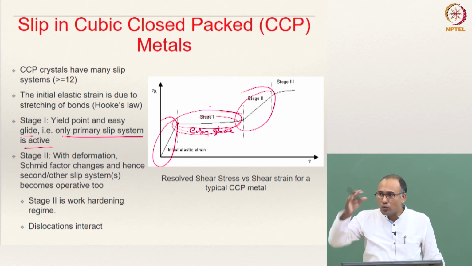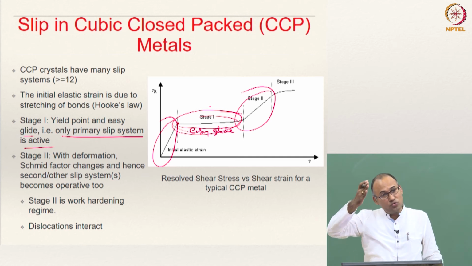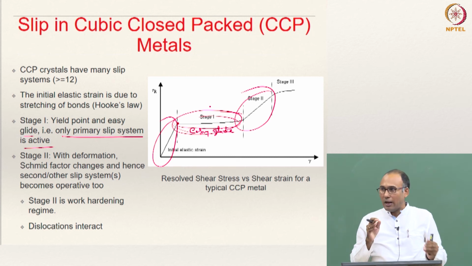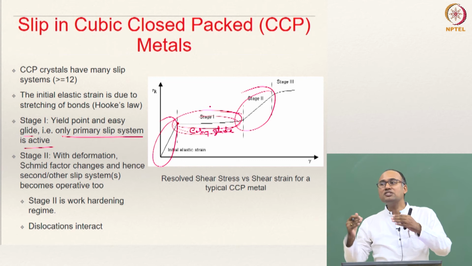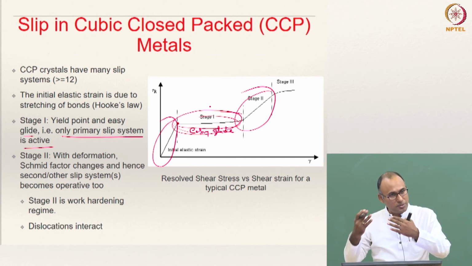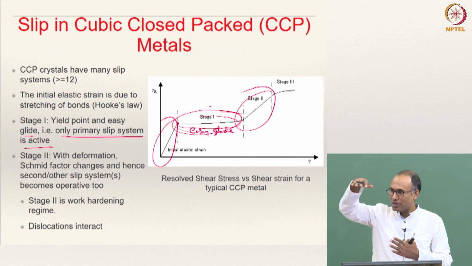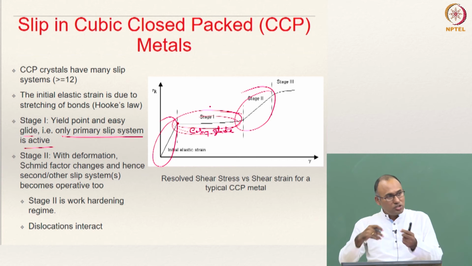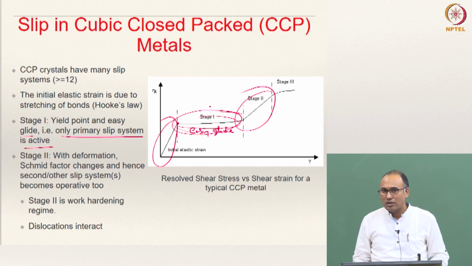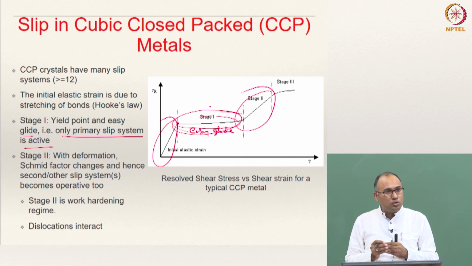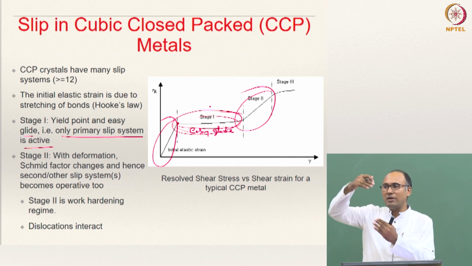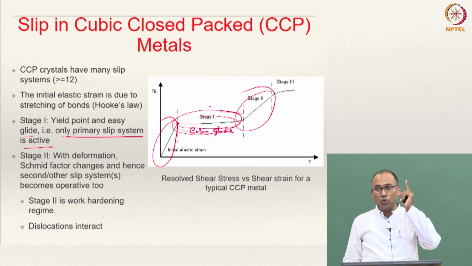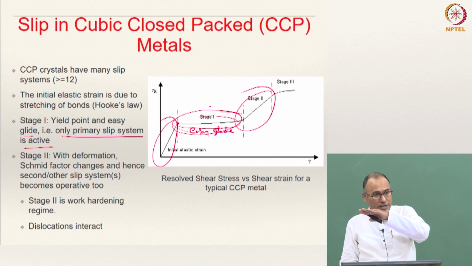Since you are changing the orientations, the slip system on which initial plastic deformation took place may no longer be your favorable slip system, and some other slip system comes into activity. So the new slip systems are getting activated. At the onset of stage 2, you do not have one slip system, there may be other slip systems getting activated, which means the dislocations are not moving in one plane, but in different planes.